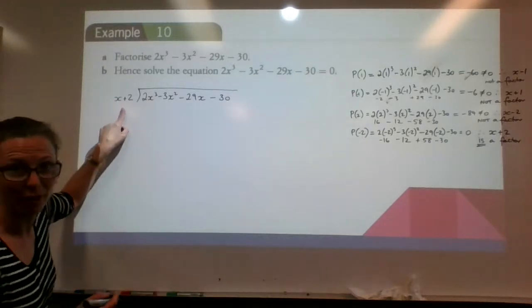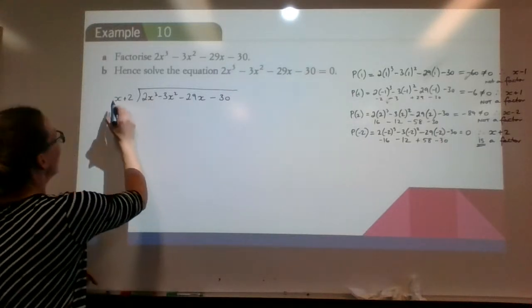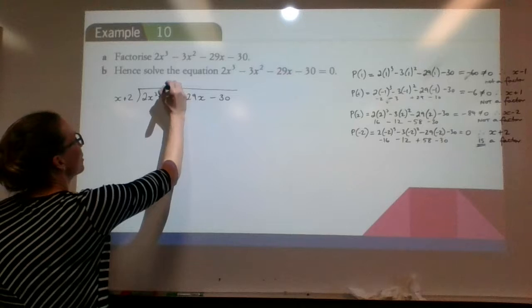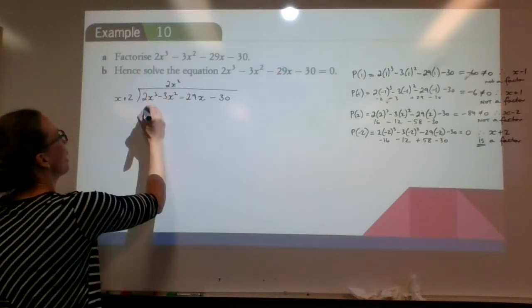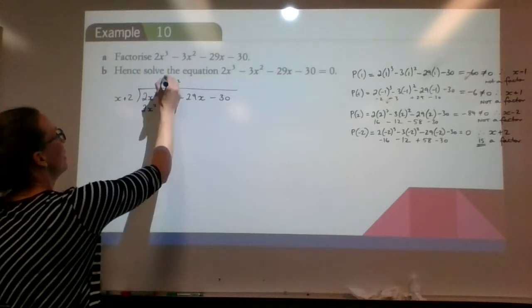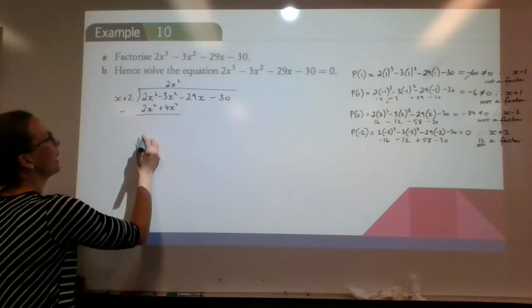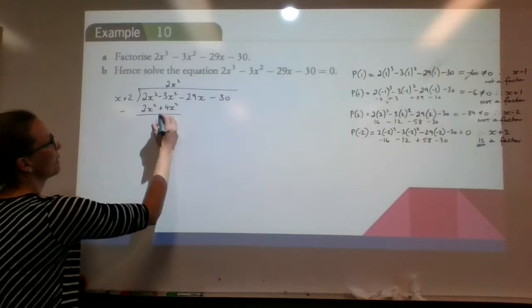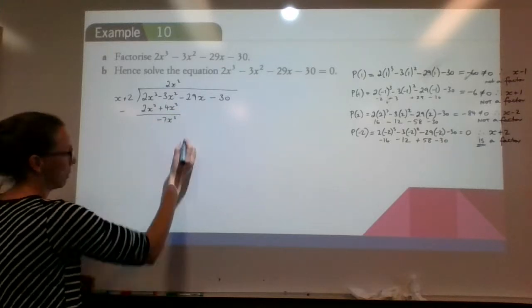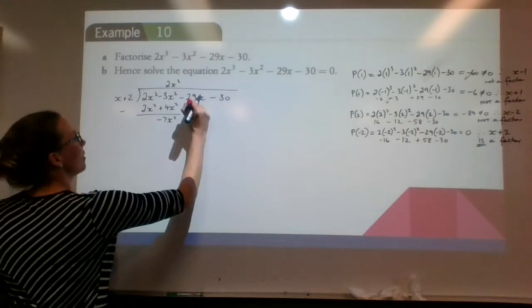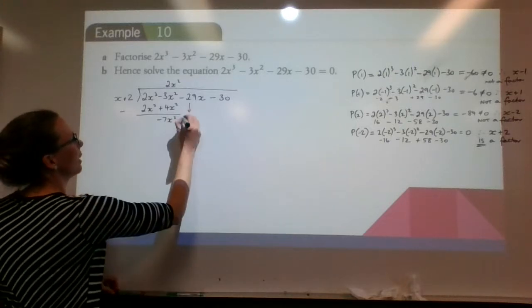Make sure you get your sign right to begin with. All right. X into 2x cubed goes 2x squared. Multiply it out. 2x squared plus 4x squared. Take it away. Nothing. -3 take 4 is -7x squared. Draw it down. Take 29x.